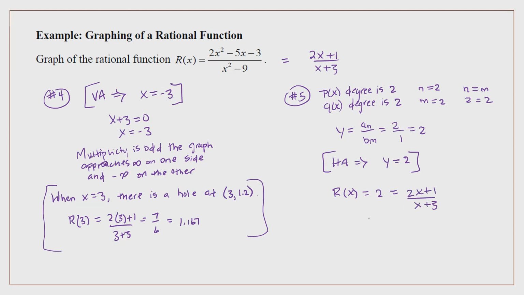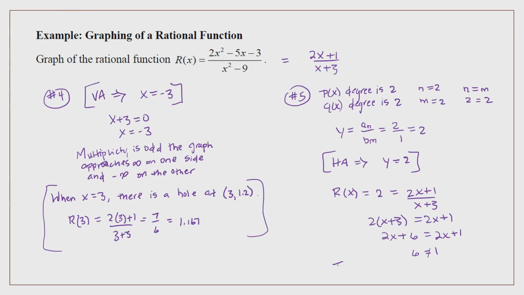So we'll multiply both sides by x plus 3, similar to what we did on the last problem. So we'll have 2x plus 6 equals 2x plus 1. So the two x's are going to cancel and we'll get 6 equals 1, which is not true. So the graph then doesn't intersect the line y equals 2.